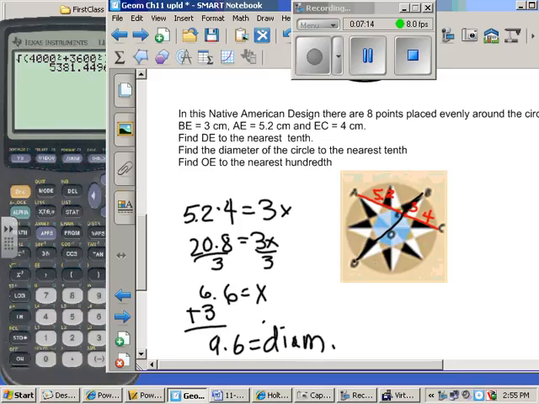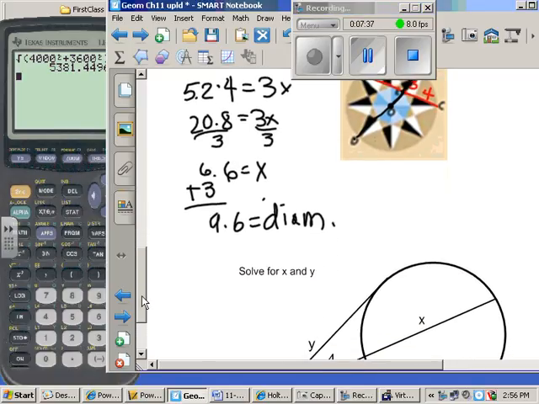And the last one is OE to the nearest hundredth. OE is from the center of the circle to E. We know the diameter is 9.6, so half of that would be the radius.